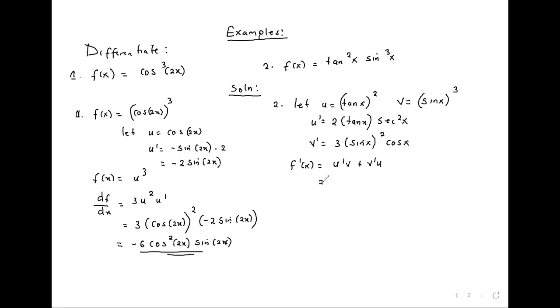So u prime is 2 tan x sec squared x multiplied by v, which is sine cubed x, plus v prime, that is 3 sine squared x cos x multiplied by u, which is tan squared x.